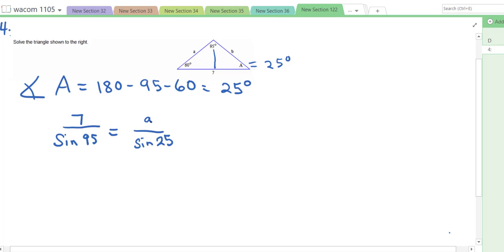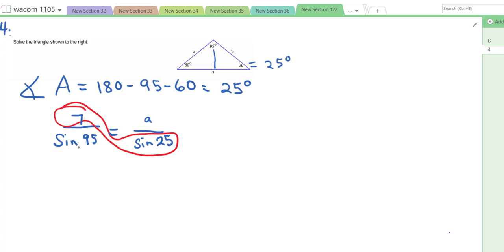All right, and so we will cross multiply. We want to solve for a, so we will just multiply this by the 7, this times the 7, and divide it by the sine of 95, and the a will be isolated.